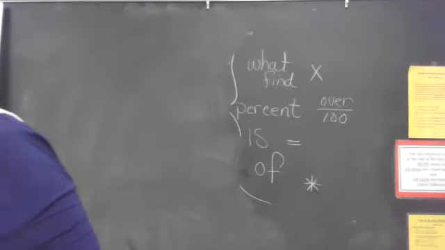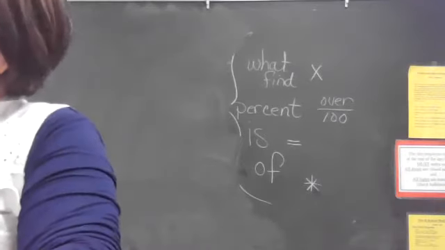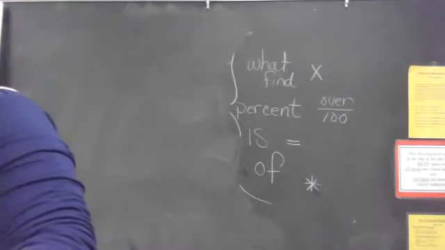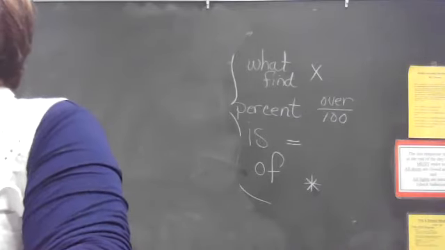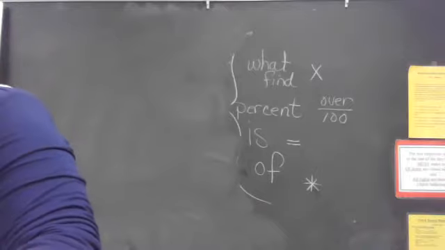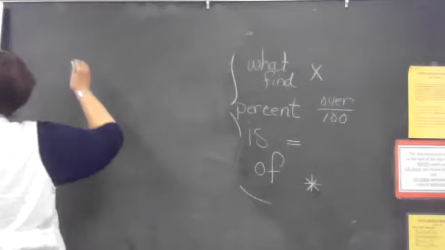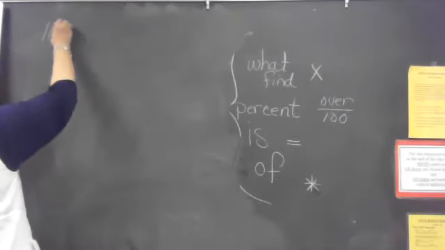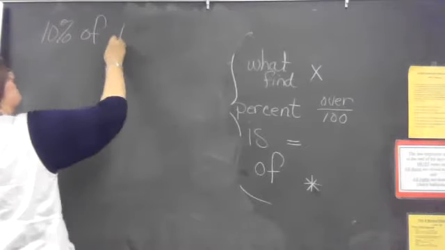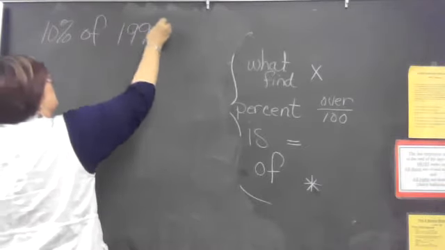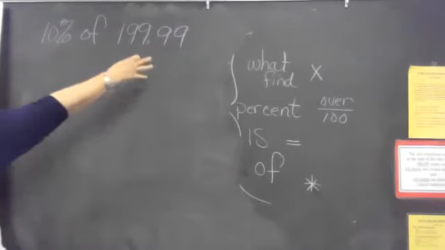Now we're going to look at it. If we're going to take 10% off of an original price, then we need to find out the percent of the poodle price, right? Yes, I'm going to find 10% of the poodle price. Y'all see? Well, we know how to do this.